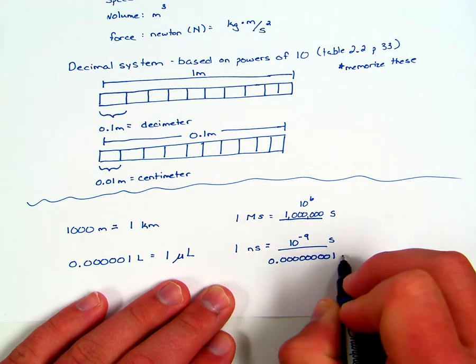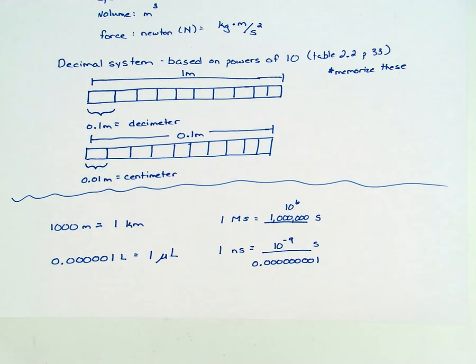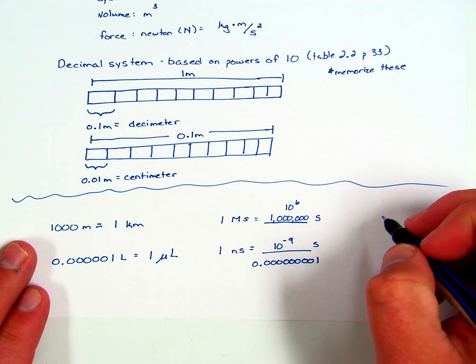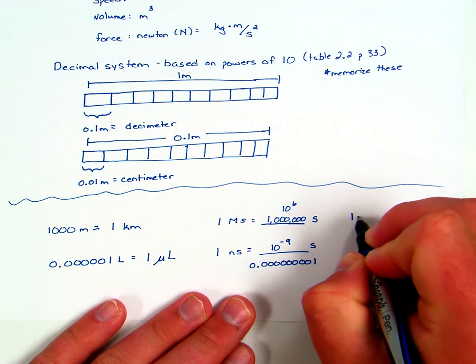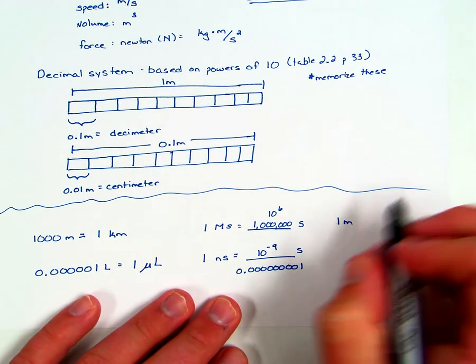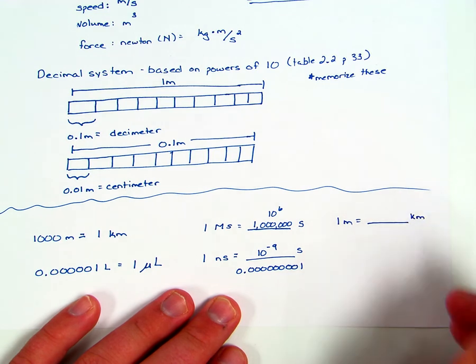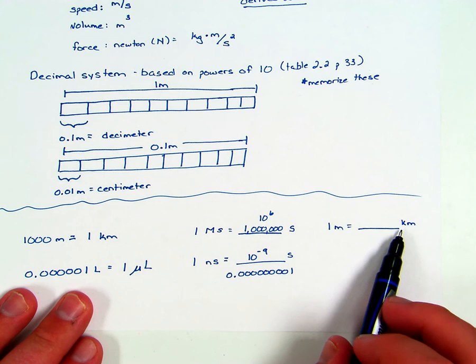Now what if I had this? Let's say I had 1 meter, and I want to know how many kilometers that is equal to. 1 meter equals blank kilometers. Well, we know that kilo means 1,000. This does not, however, mean that there are 1,000 kilometers in a meter, because kilo is bigger.